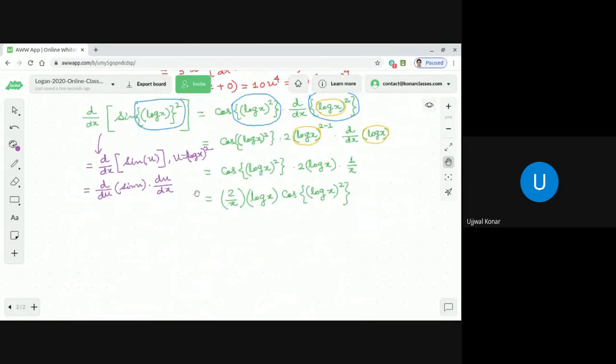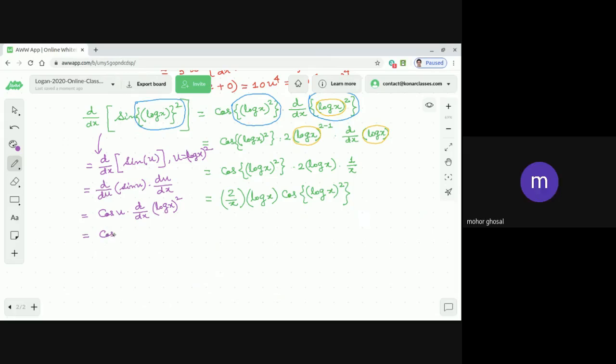So now, if we apply this, d du of sine u is what? Cos u, into du dx. What is du dx? d dx of log x whole square. Now you can again assume cos u, what is u? u is equal to log x whole square, na?